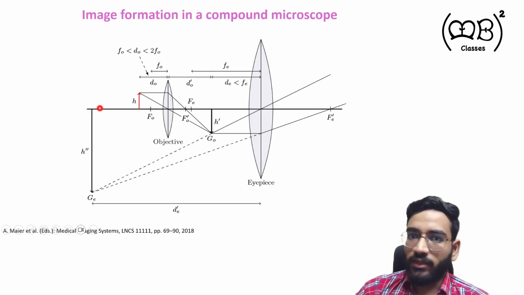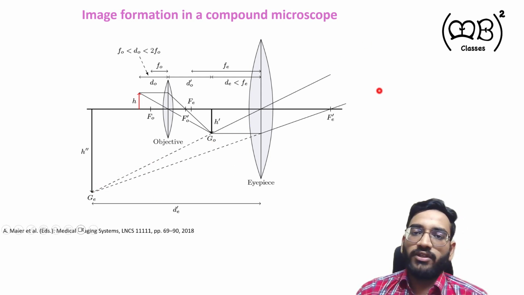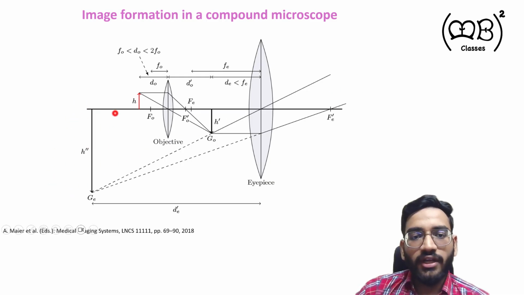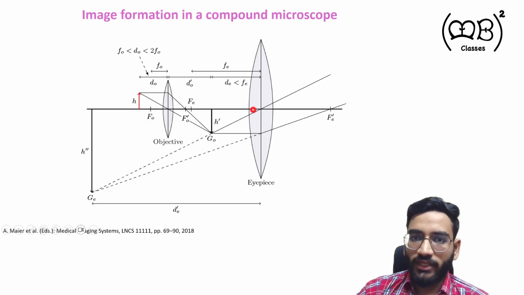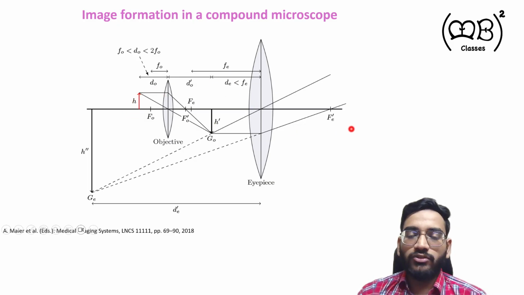So this is the final image which is formed, and we can see it through the eyepiece. This is where our eyes are, and then we can see this virtual and inverted image which is magnified twice of the original. So this is the ray diagram of the compound microscope which you should remember.